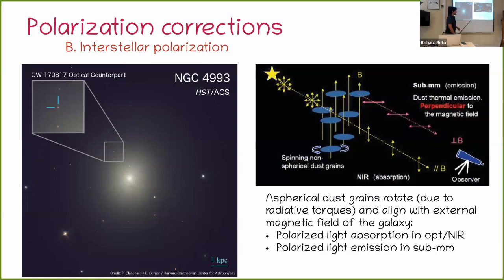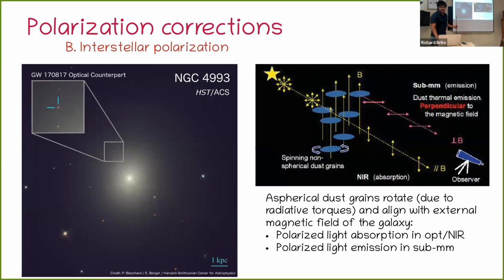That's what you're going to see in the optical or the infrared. Those same particles afterwards re-radiate at longer wavelengths, sub-millimeter, but now they re-radiate in the direction they absorb. So it's going to be completely perpendicular to the polarization state that you measure from the optical wavelength. So you can see the dust polarizing both in the optical and in the sub-millimeter.